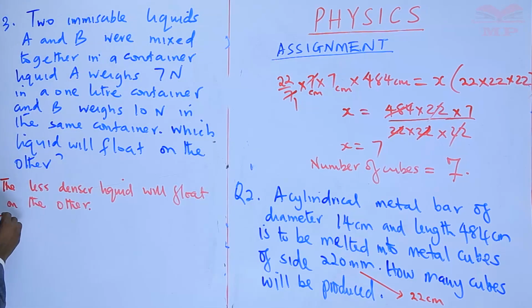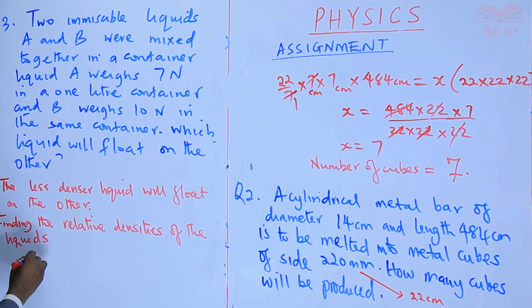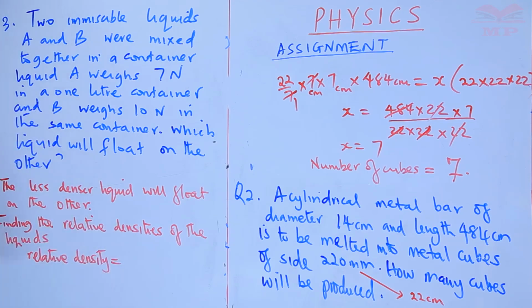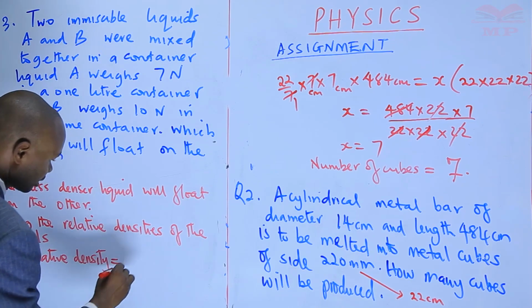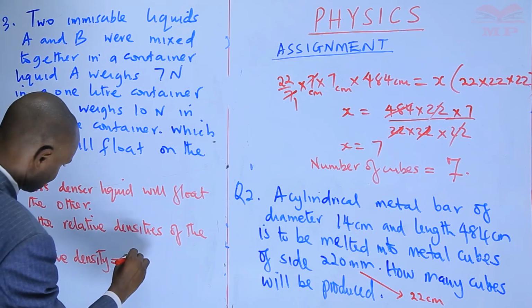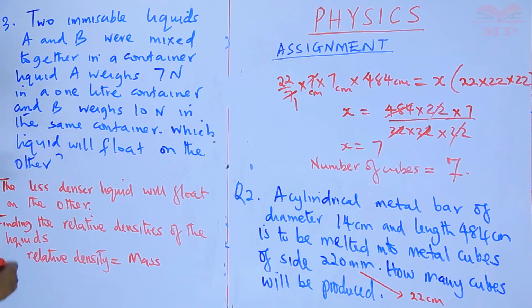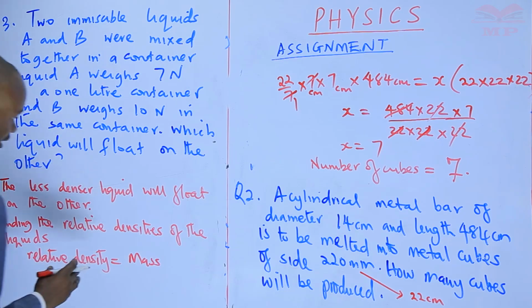So relative density is equal to the mass of substance. You can either use mass of substance or weight.